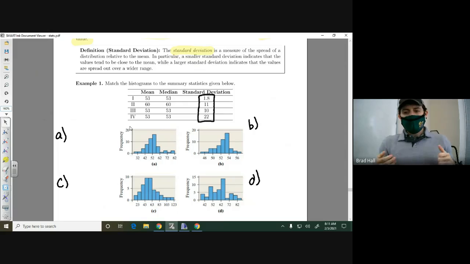Now, all of these graphs have the same shape, but the dispersion can be evaluated with different scales.